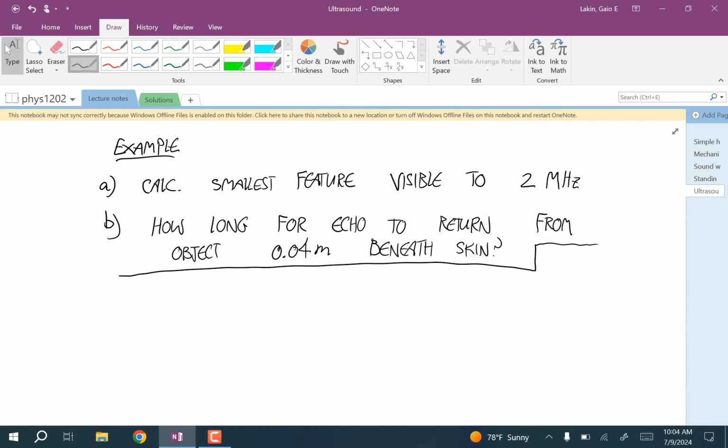Well, for part A, I've mentioned before that probably the most important single equation that goes through all of these wave calculations is the distance equals rate times time equation.